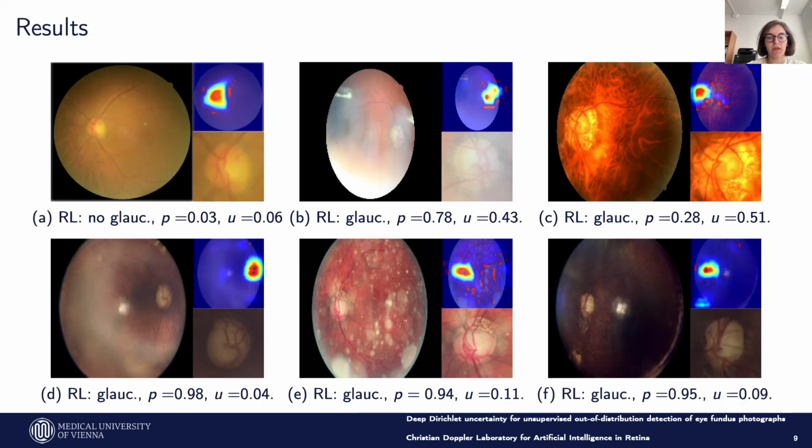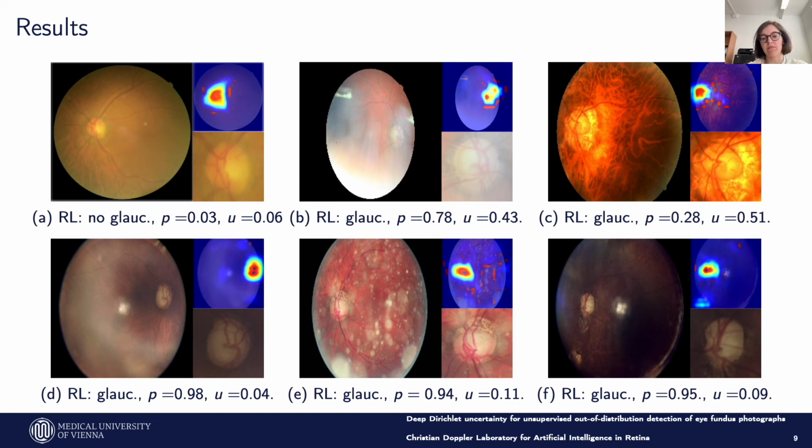In these examples, we can see that not only images with good quality are well classified and with low uncertainty by our method, as is the case of the first image, but also bad quality images, as the ones from the bottom row, can also be correctly classified by our algorithm with low uncertainty.